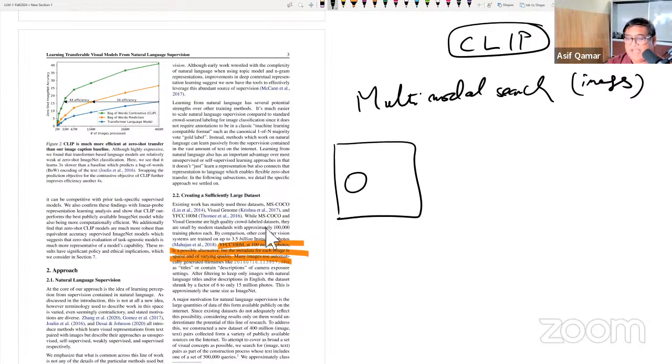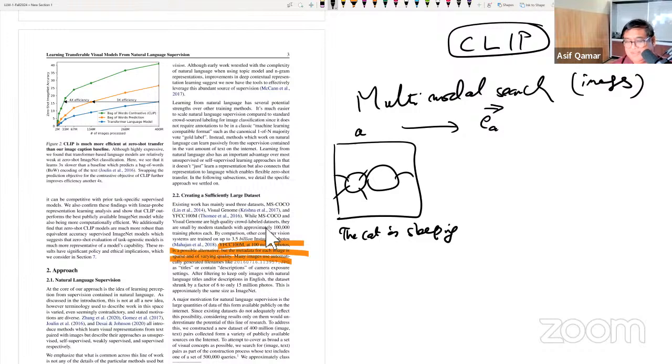Suppose you have a cat. This is your image A. You can convert it into an embedding vector E_A. You have a text, "The cat is sleeping." This is your similar vector.